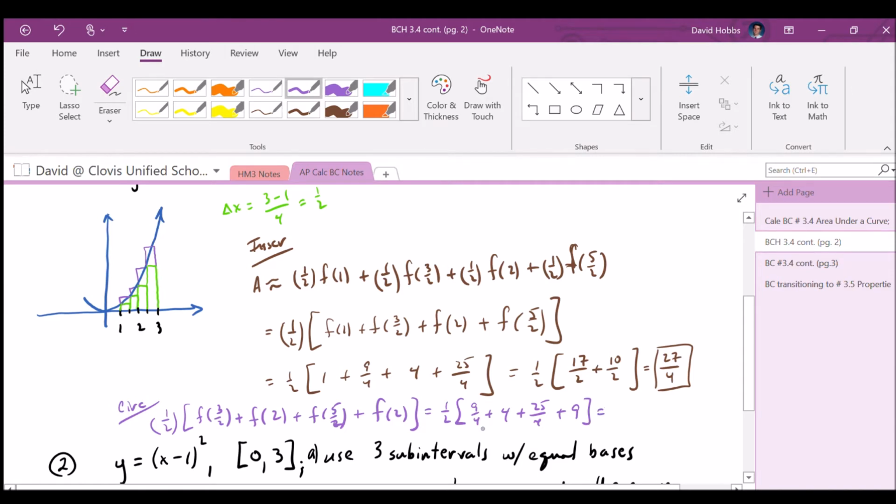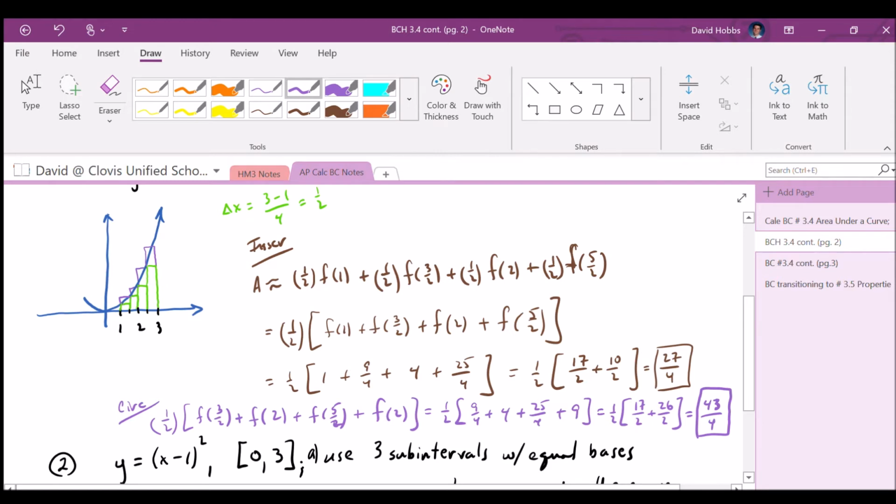Again, this is 17/2 plus 13, but 13 would be 26/2, and so this is 43/4.